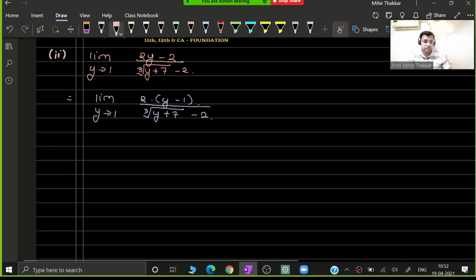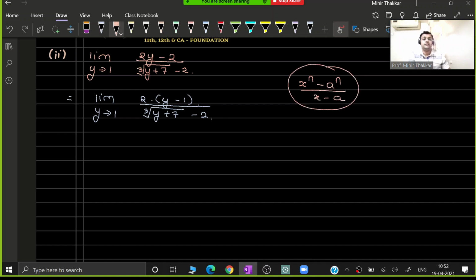Now guys, your formula is like this: x raised to n minus a raised to n divided by x minus a. So the x minus a value should be there in the denominator. So in order to do that, what I will do is, I have to say over here, divide numerator and denominator by y minus 1 first of all.